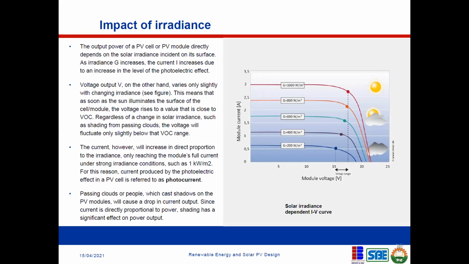Now the voltage, on the other hand, varies slightly with changing irradiance. Okay. This means that as soon as the sun illuminates the surface of the cell or module, the voltage rises to a value that is close to the open circuit voltage, regardless of a change in solar irradiance, such as shading or from a passing cloud.